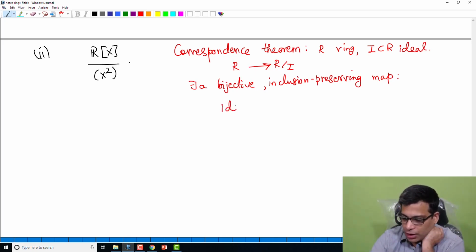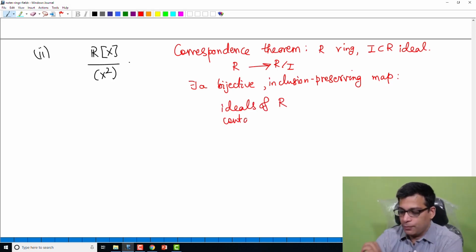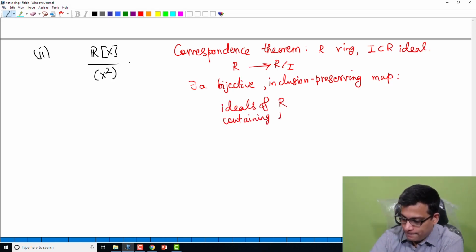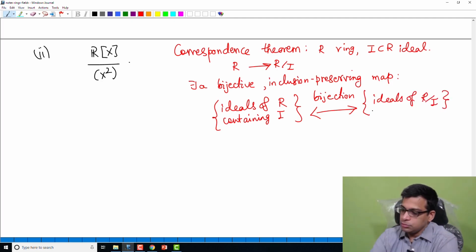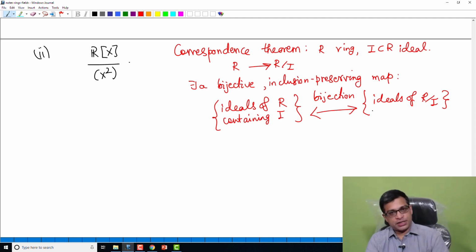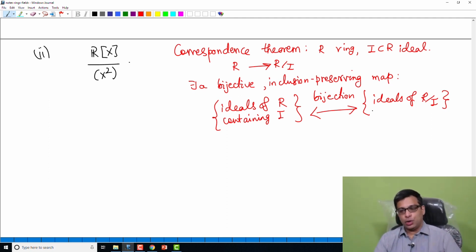Inclusion preserving map means if there is a map between ideals. So ideals of R containing I, this is a bijection. Inclusion preserving bijection from ideals of R containing I to ideals of R mod I. So there is a bijection we have seen, and why is it inclusion preserving?